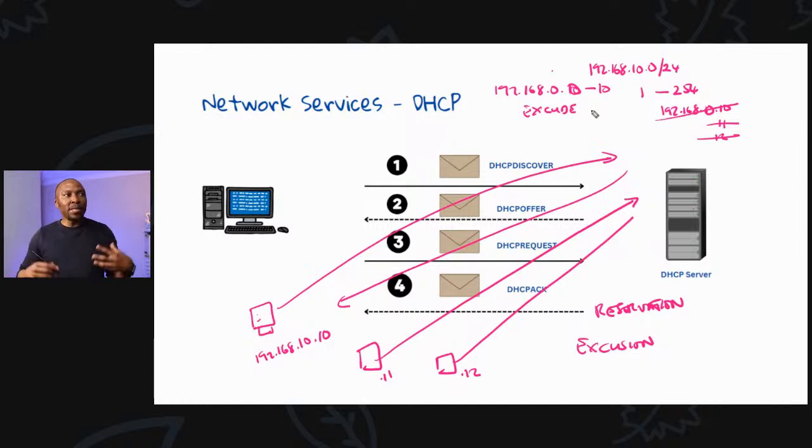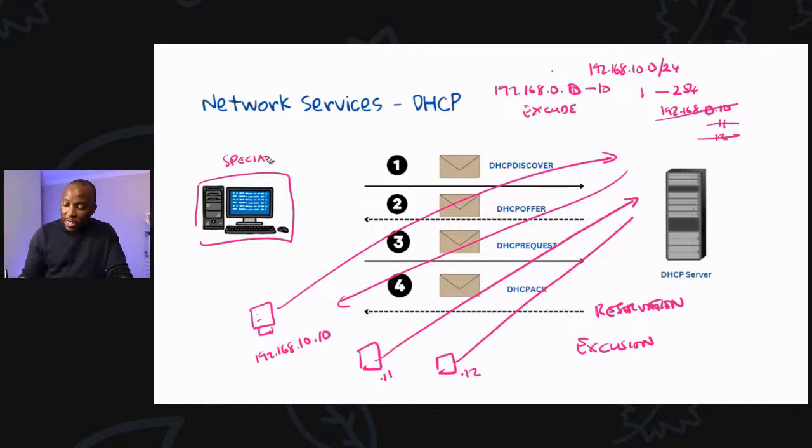The second one is what is known as a reservation. Now, it's not at all times that you can statically configure IP addresses on devices. Sometimes you connect the device to the network. So let's say we connect this PC, and this PC was a special PC that we want to allocate a static IP address.